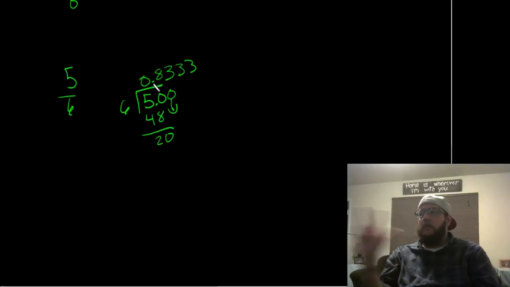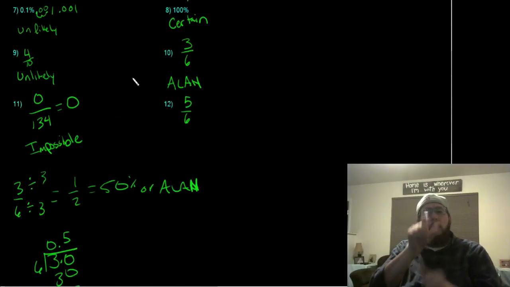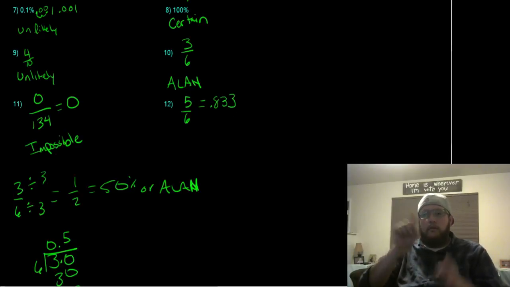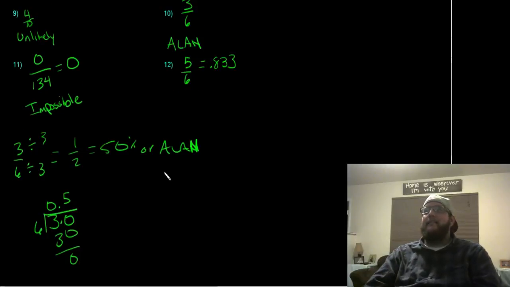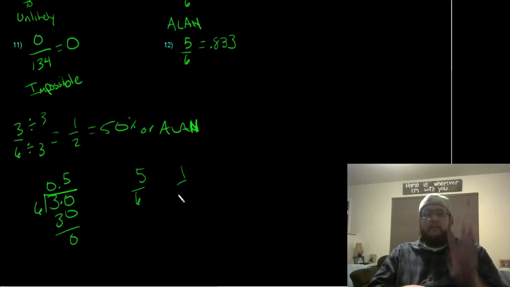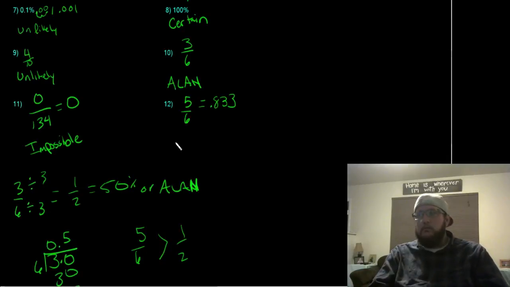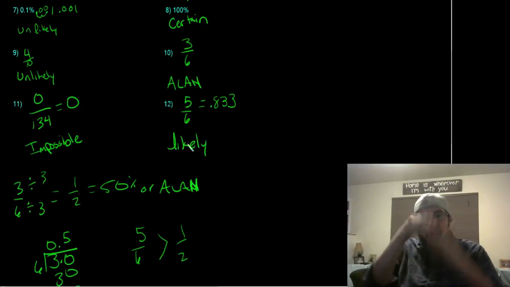So we're going to go ahead and leave it here. So we'll get 0.833, which is greater than half. And most of you might have noticed that this fraction 5/6 is also bigger than 1/2. So because of that, you'll note that number 12, 5/6 is a likely probability.